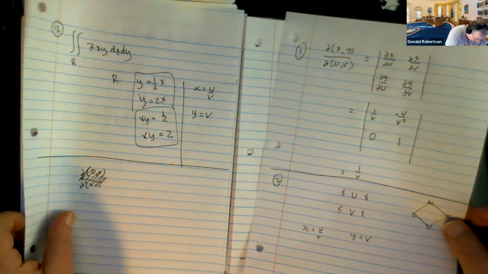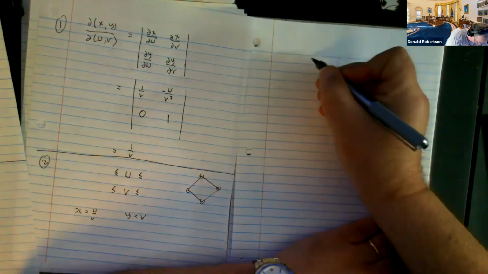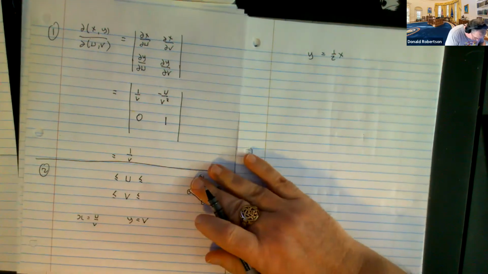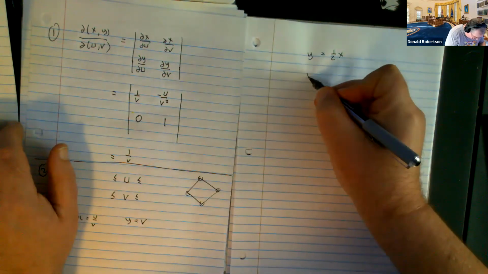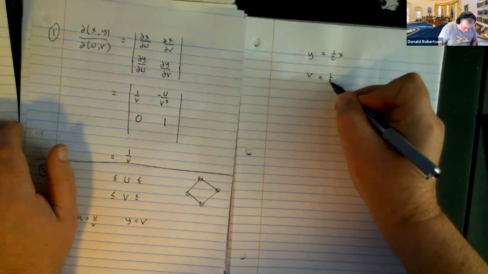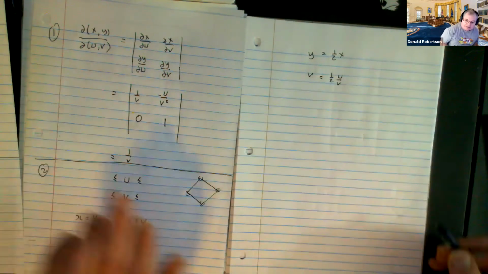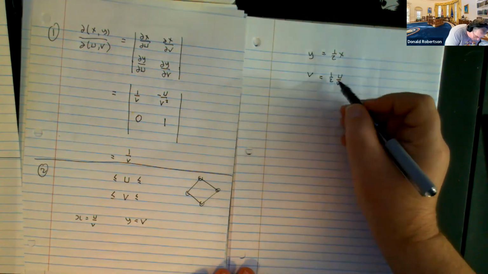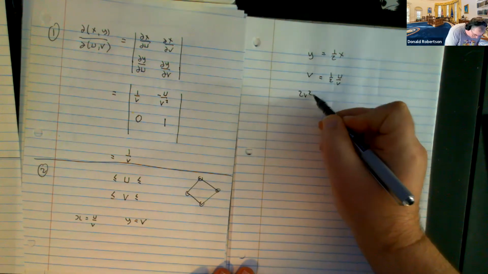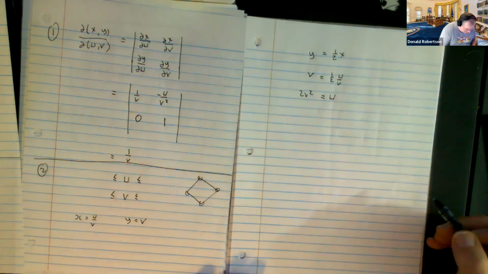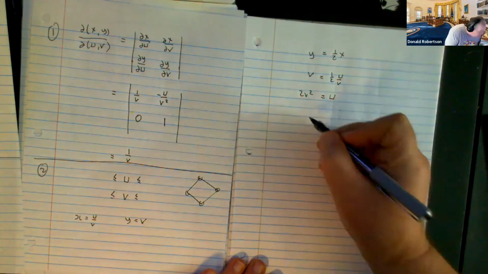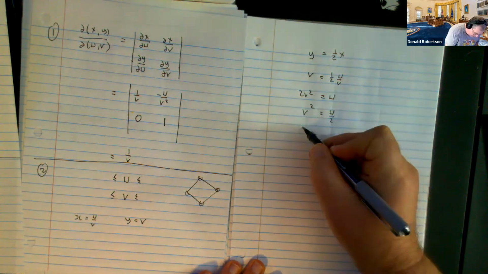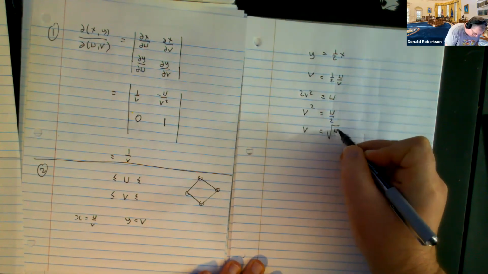So if you start with y equals 1/2 x, and y is v, it's 1/2 u over v. I'm going to rearrange this, and it becomes 2v squared equals u, so v squared equals u over 2, and that becomes v is the square root of u over 2.